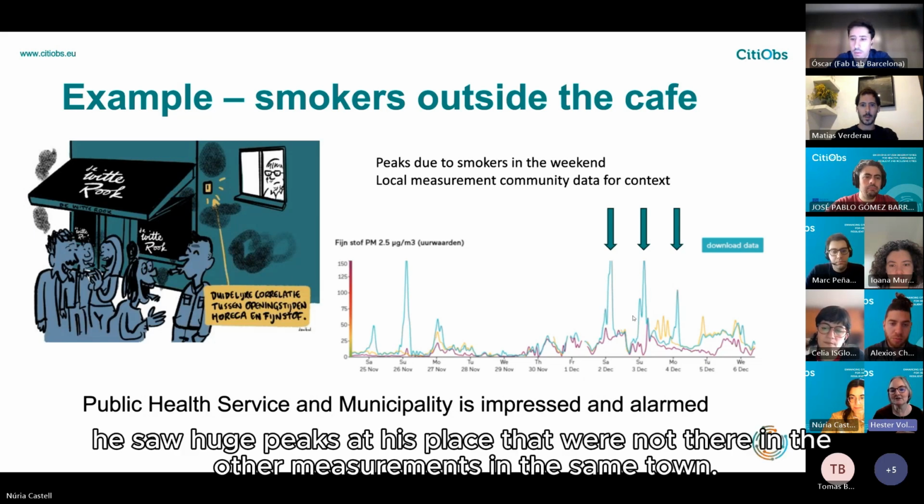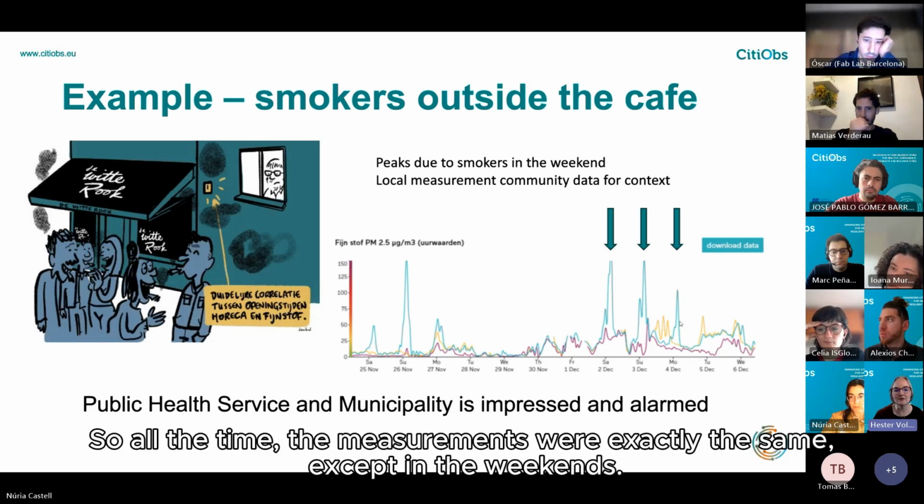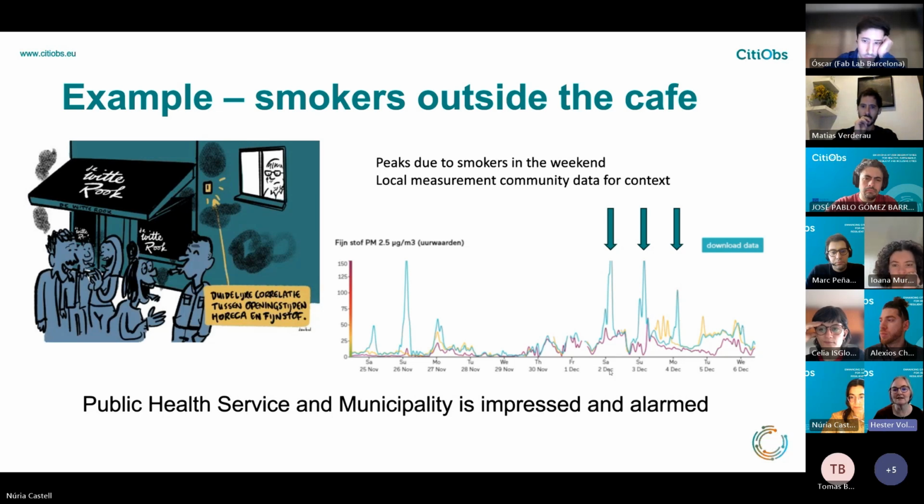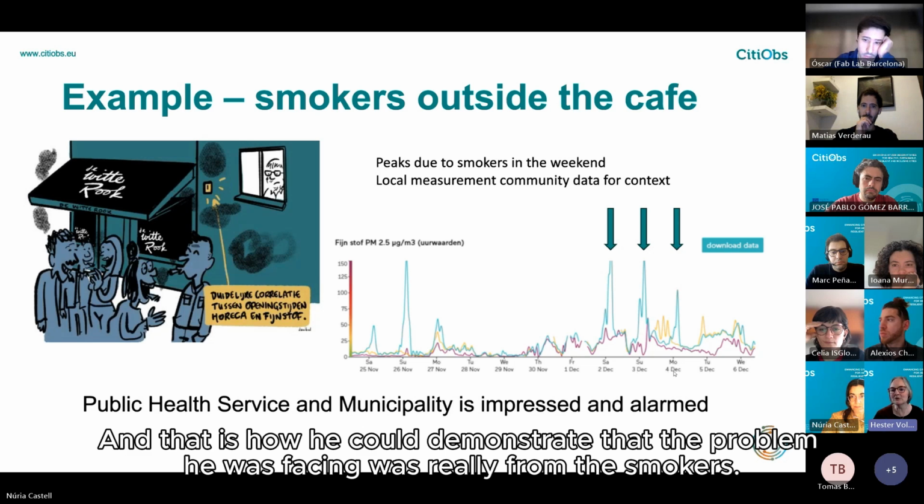So in the weekend, he saw huge peaks at his place that were not there in the other measurements in the same town. All the time the measurements were exactly the same, except in the weekends, and that is how he could demonstrate that the problem he was facing was really from the smokers.